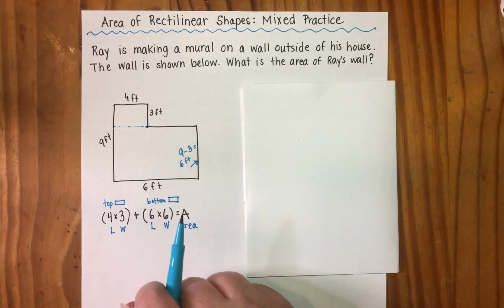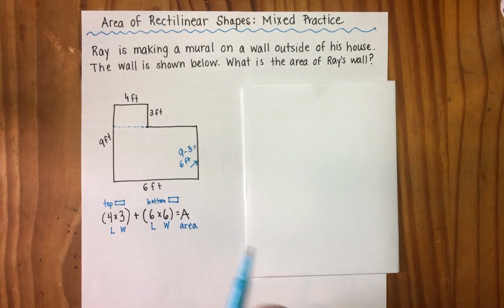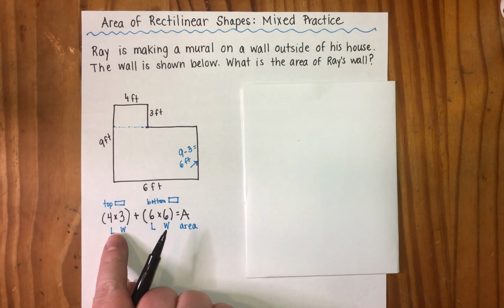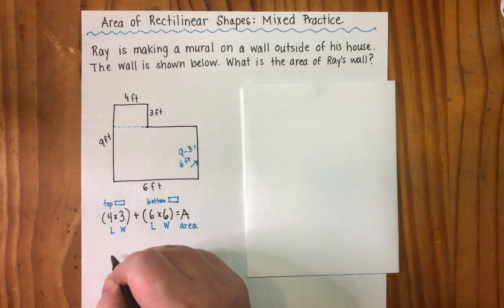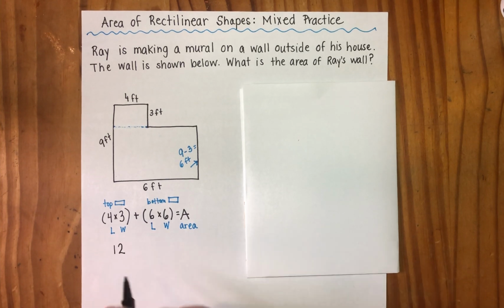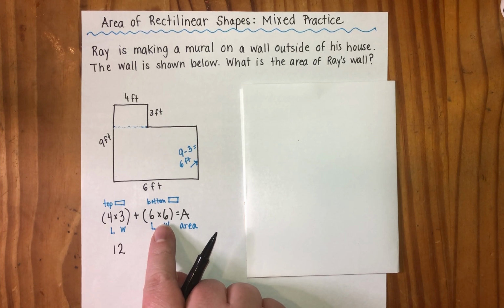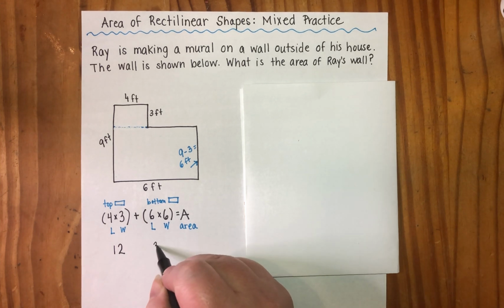How would we solve this equation? Evaluate. Right. We can find the area of the top rectangle by multiplying 4 times 3, which equals, yes, 12 square feet. We can then find the area of the bottom rectangle by multiplying 6 times 6, which is, yes, 36 square feet.